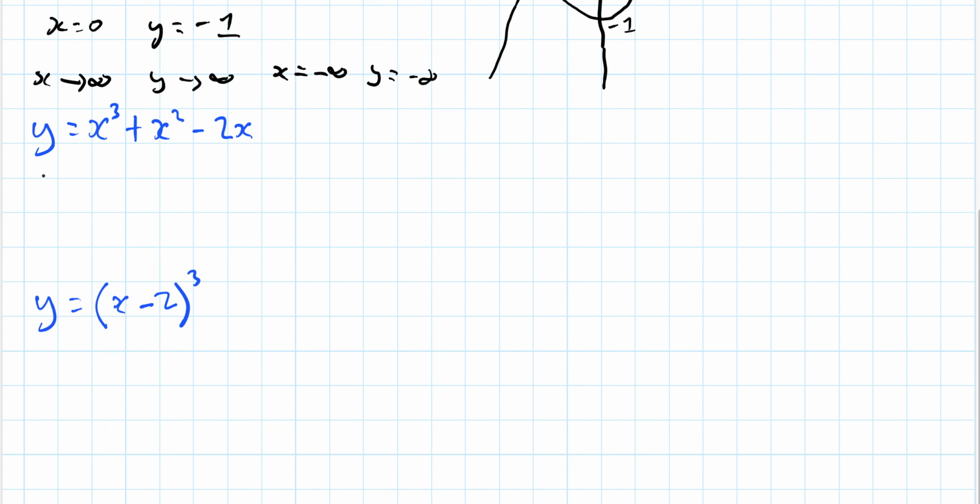Okay, cool. Next up, we have our equation like this. First what I'm going to do here is factorize, take out the x, then I'll have x squared plus x minus 2.